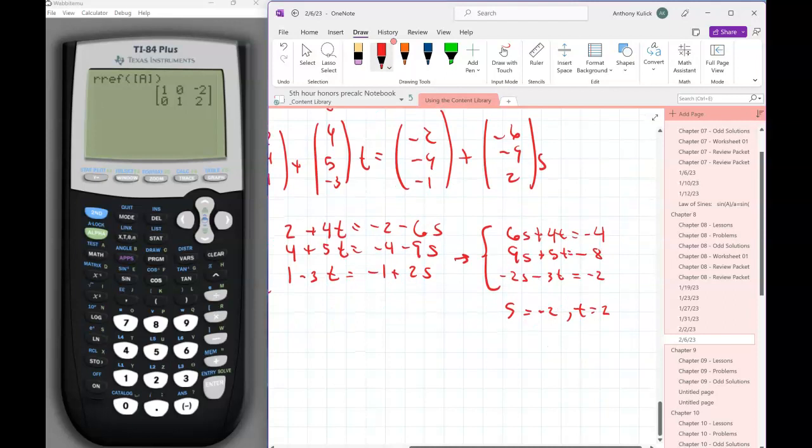And now I need to check this answer in the 3rd equation. Because just because this system had a solution doesn't guarantee that there's an intersection. This solution may be valid in 2 of the 3 planes, but not actually hold in the 3rd plane.